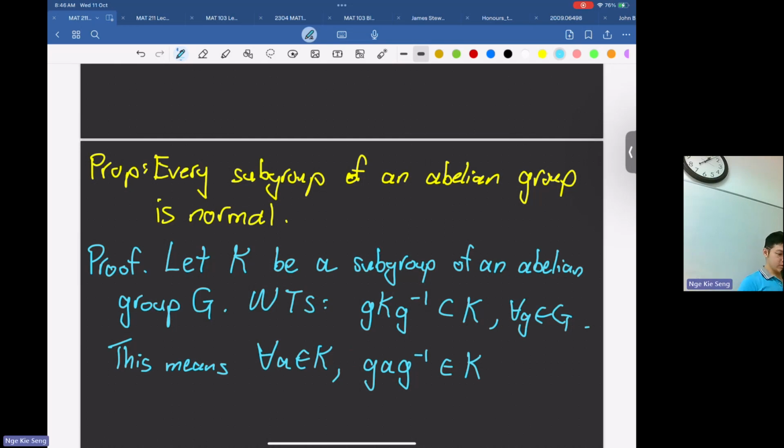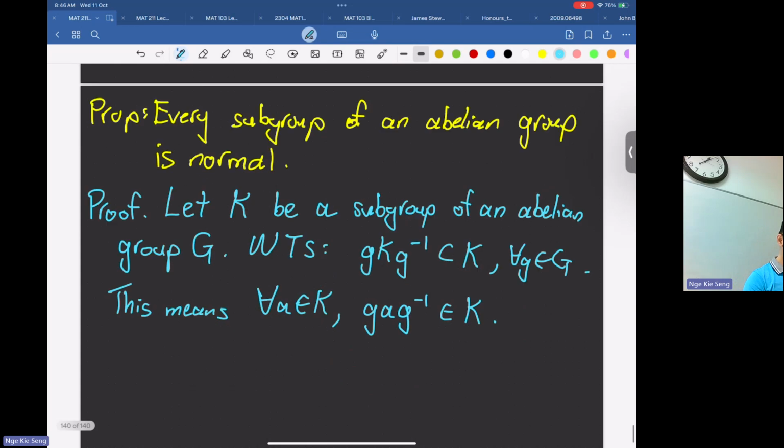So what did Jinko say? We know a is in K. In particular, a is also in G. And g is already in G. Of course, if g is in G, g inverse is also in G. Multiplication in an abelian group is commutative.